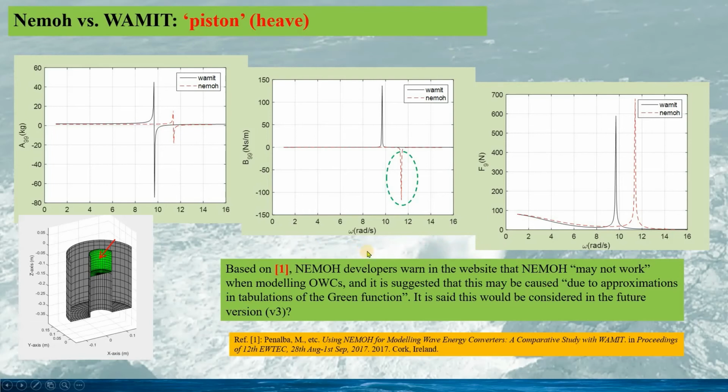Hence, we can see a good computation of the Green function is very important for BEM modeling. Therefore, it can be deduced that the in-house code HAMS could be better than Nemoh in this regard, since in HAMS, the Green function has been computed more accurately.